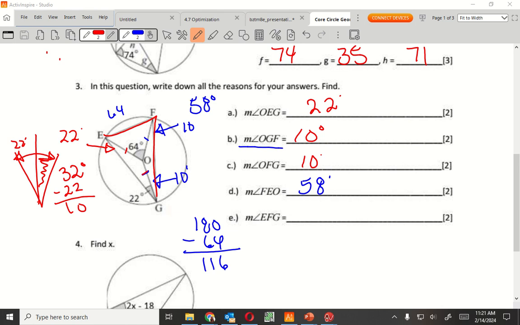This outside little piece is going to be how much? 10. And what did we say this inside angle over here was? 58. So to get the whole thing, what should I do with those two values? Add them together. 10 and 58 is going to give me 68 degrees.